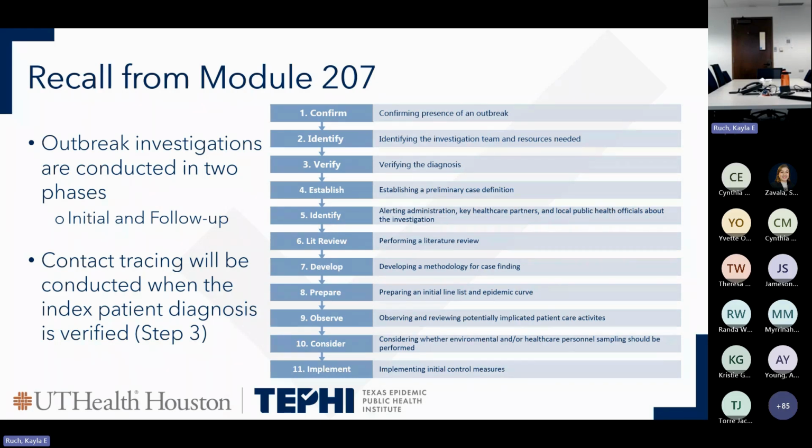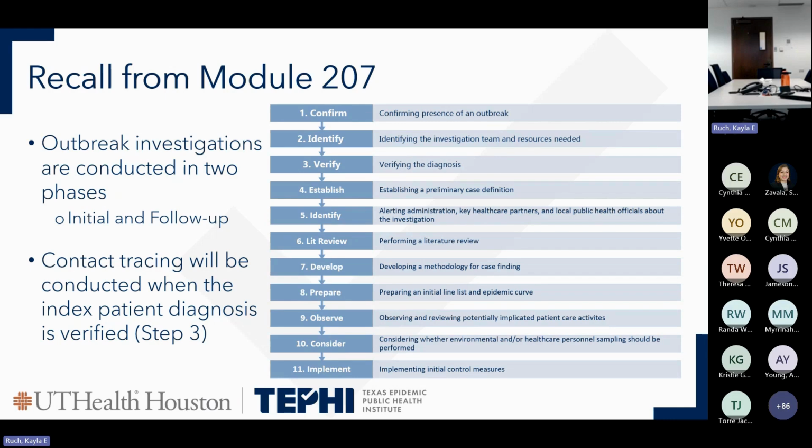So on step 3, when you get that confirmation result saying that it is confirmed on serology, PCR, culture, assay, microscopic, histology, pathology, whatever means of laboratory diagnosis, and you've verified that it is this pathogen, the best recommendation is to split your staff.